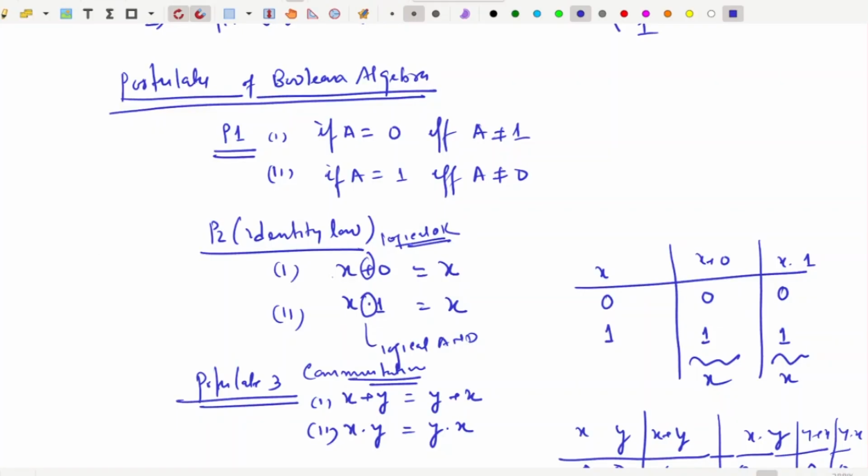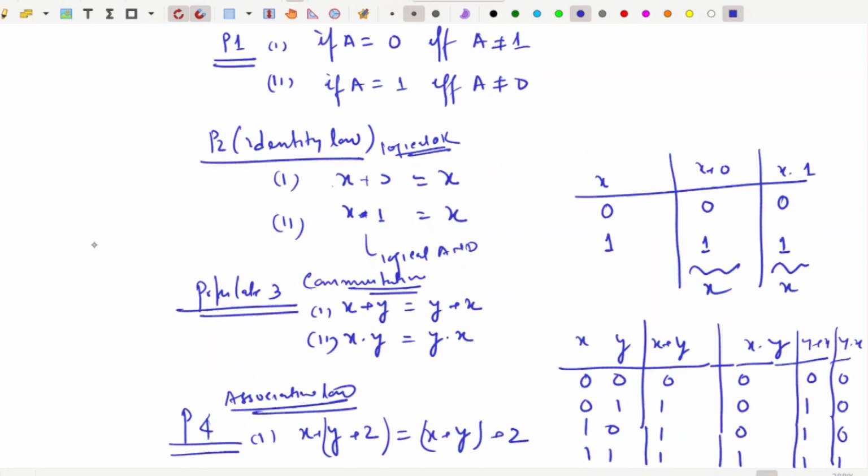Identity for plus is 0, identity for dot is 1. x plus 0 is equal to what? x, and simply x dot 1 is equal to what? That is x. This is x plus 0, and this is x dot 1.